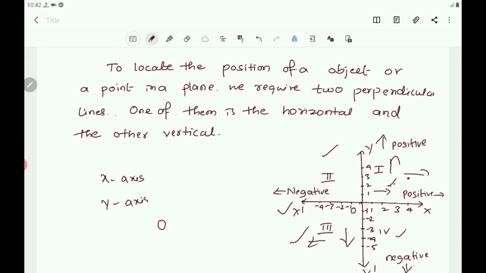The perpendicular distance of the point from the y-axis can also be measured along the negative direction of the x-axis, and the perpendicular distance of the point from the x-axis along the negative direction of the y-axis.